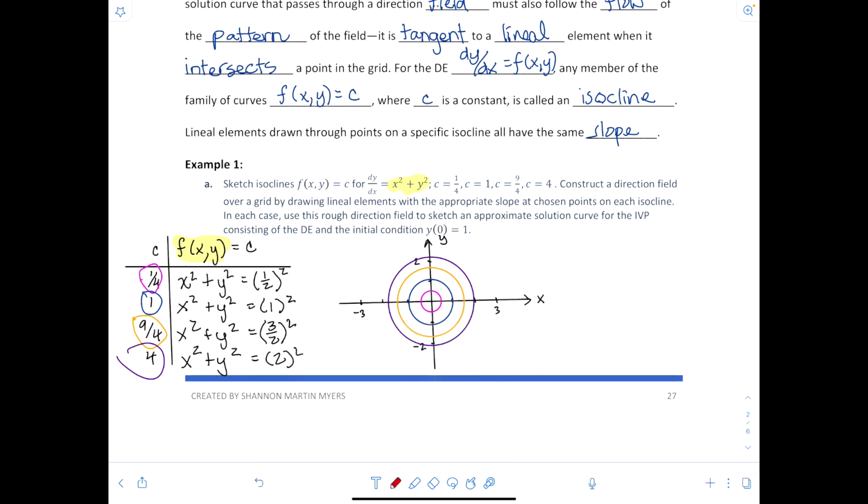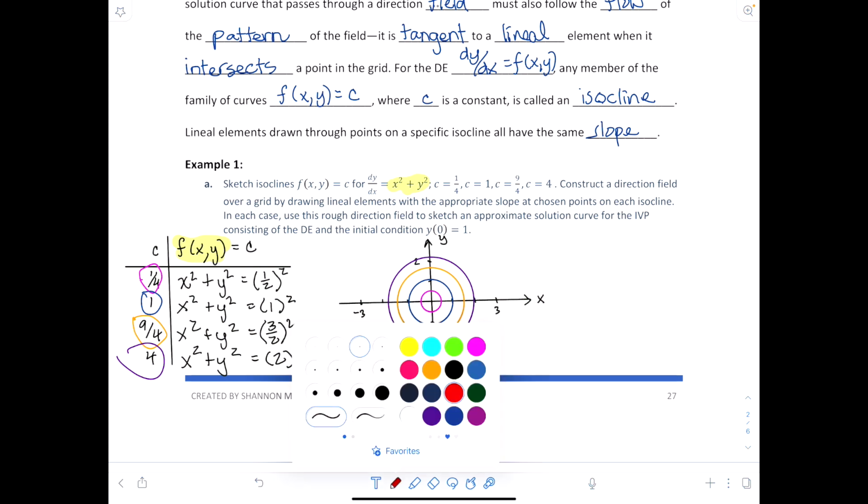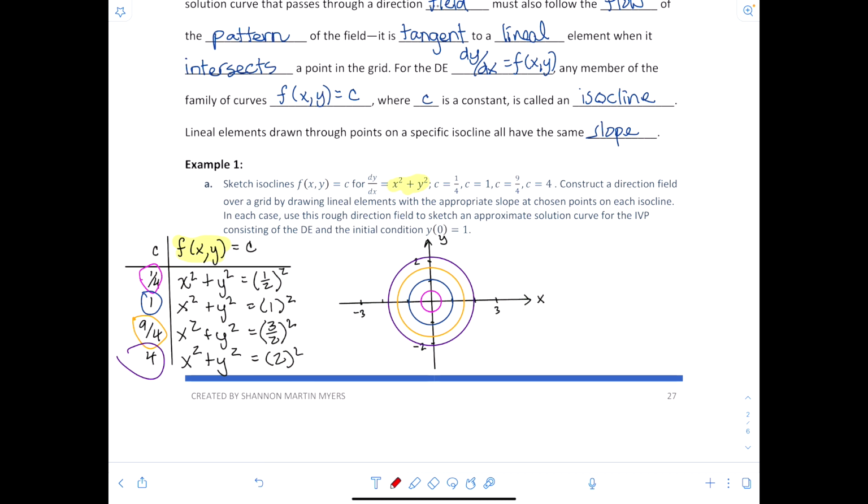Now, here we go. Let's now take a look at slope. So if we come over here and we find out the slope at these different values. So remember that f of x and y was x squared plus y squared, and now instead of doing these c values, we're looking at what the actual slope is.